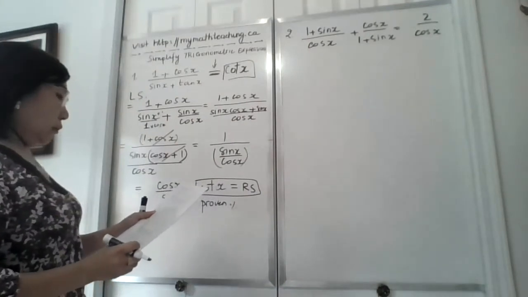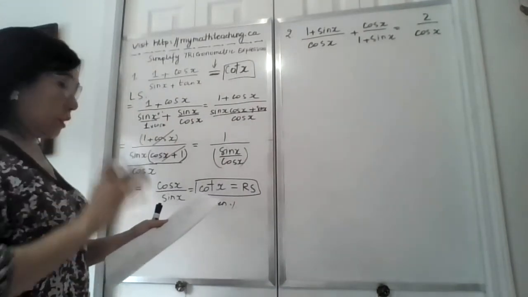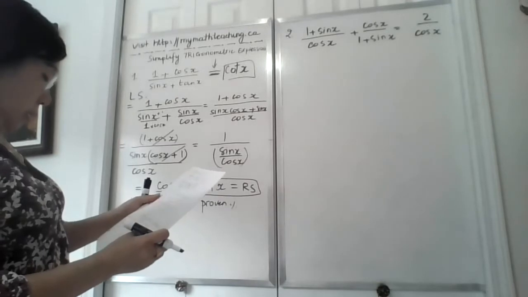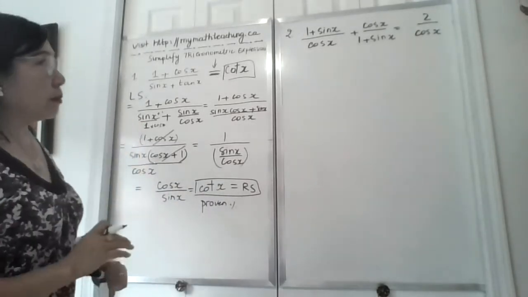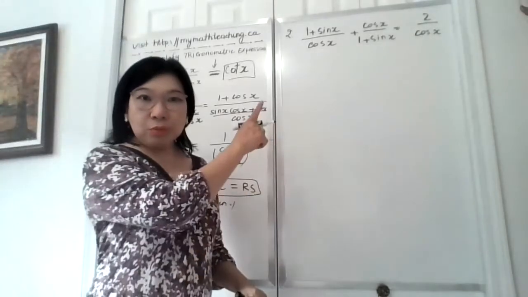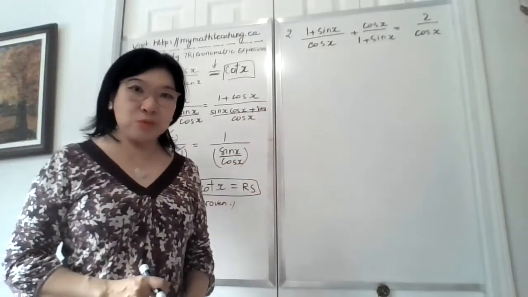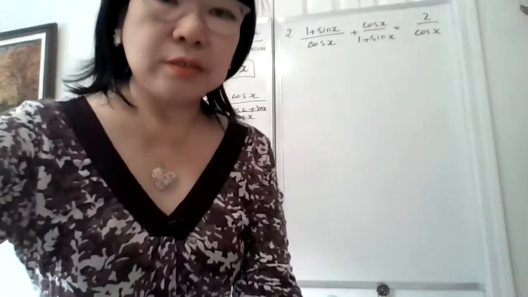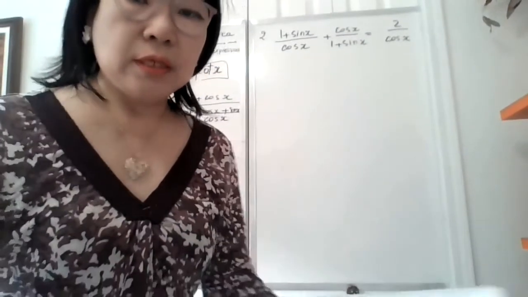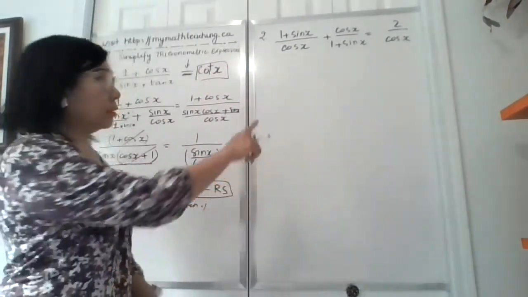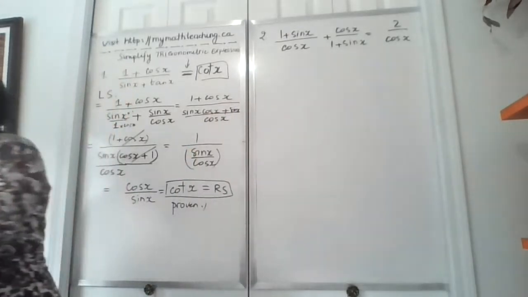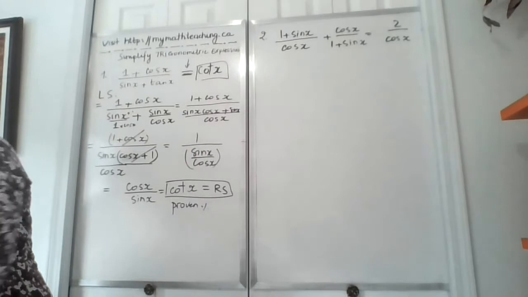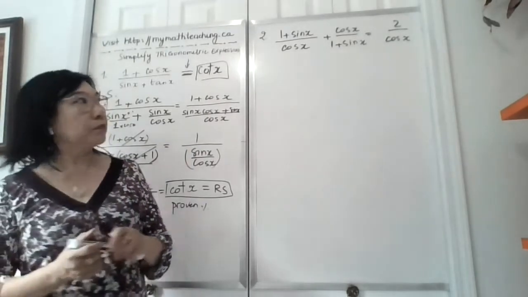So again, for this expression, it seems that the right-hand side is simple and the left is complicated. So I'm going to work on the left as well, right? For this second question, I'll work on the left because the left looks serious, looks complicated.